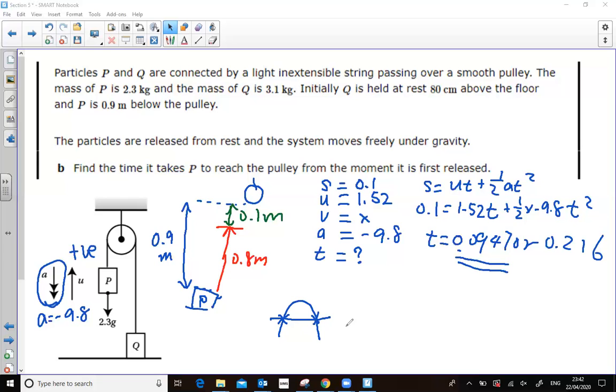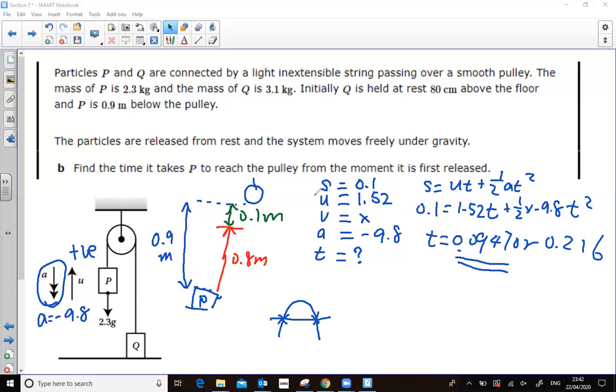Okay, so in this case, we'll actually ignore the large answer, because we are not looking for this position here. We're looking for the first time when particle P reaches up to 0.1 meter.